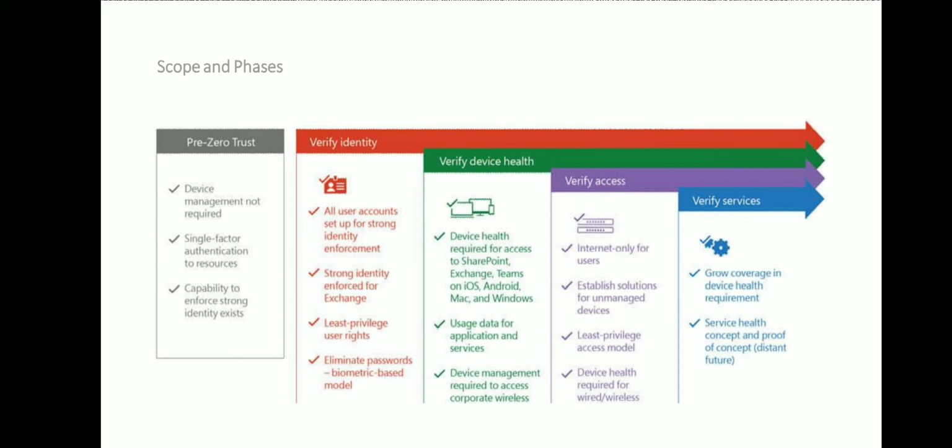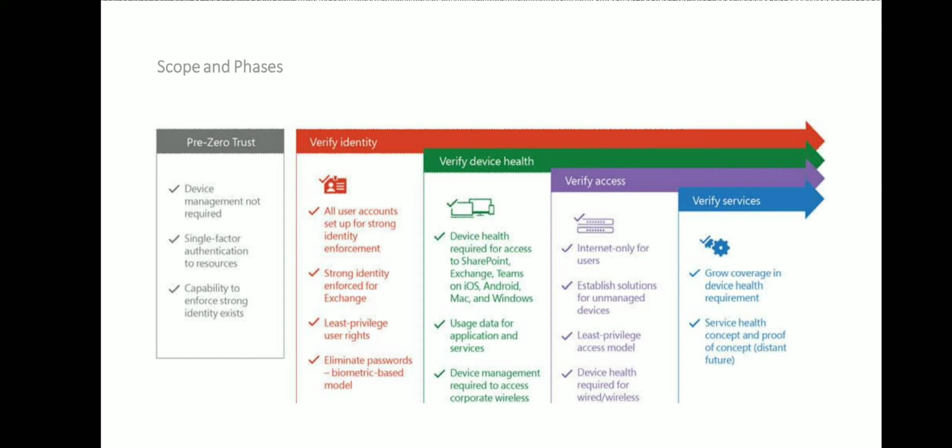Scope and phases. Now, how do you structure your projects, and specifically zero trust, because that's the topic we are discussing. And how do you divide the phases? Can you do the services part first, then device health, or do you need to do the identity first?